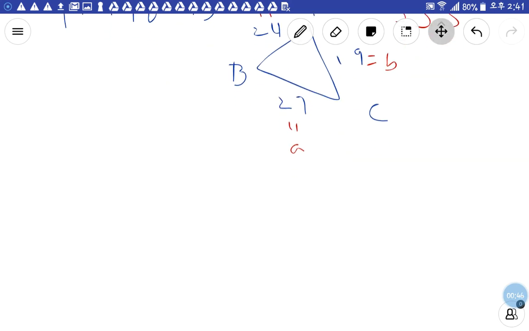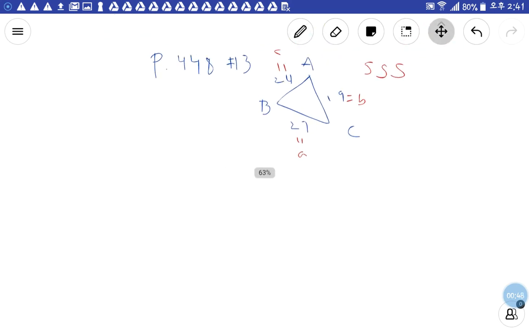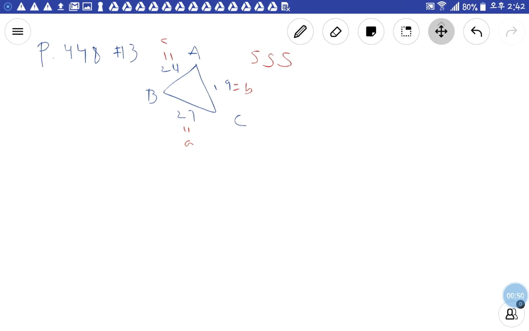I'm going to use the law of cosines to find angle A first.